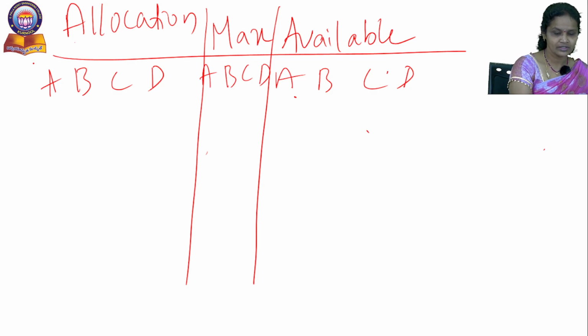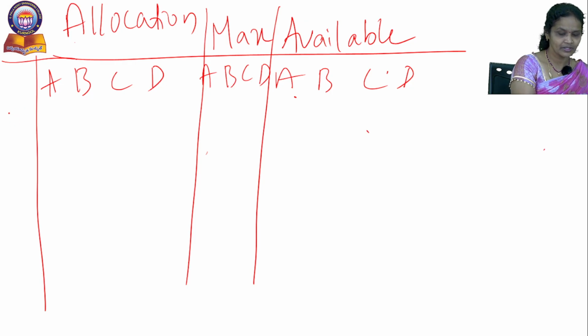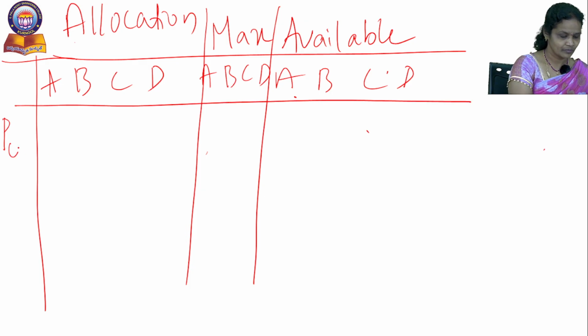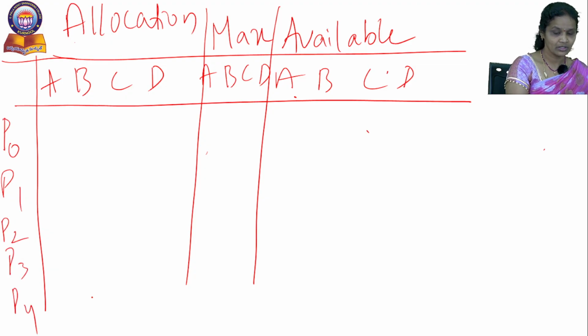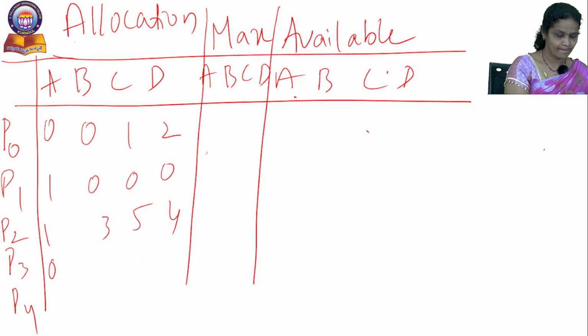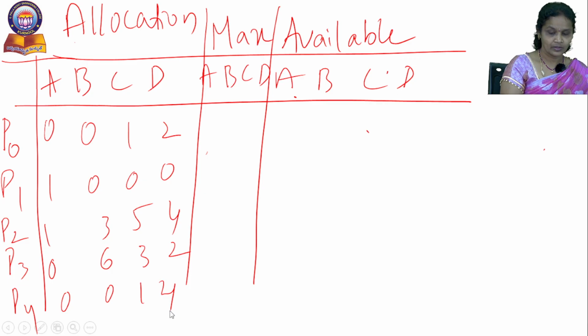Now in this example we have 5 processes, let them be P0, P1, P2, P3 and P4. So this is the allocation matrix, and this is the maximum matrix.